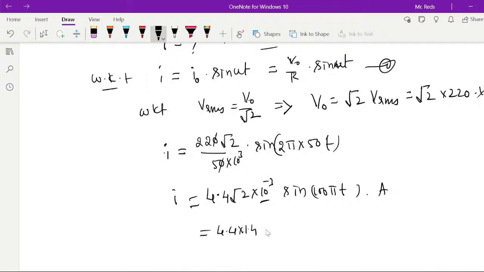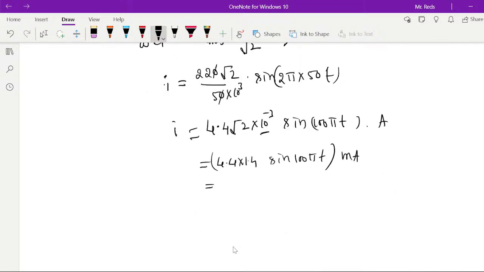If you simplify, you get 4.4 into 1.414 into sine 100 pi t milliamps. This entire thing will be in milliamps. Simplifying this value, I will get approximately 6.2, so it will be 6.2 sine 100 pi t milliamps.